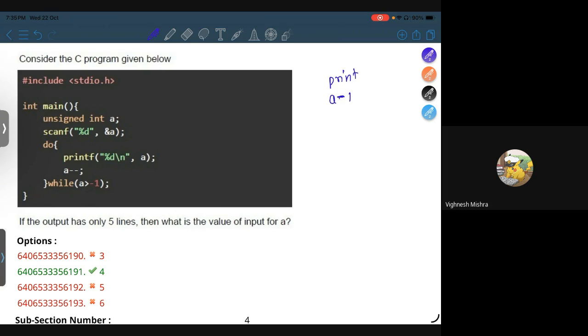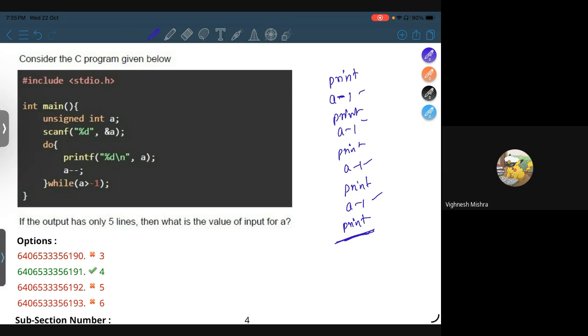And it will check if it is greater than minus 1. So yes, it's greater than minus 1. Then it will go and print again A minus 1, and again, so 1, 2, 3, 4, and print again. Now this time the condition fails.